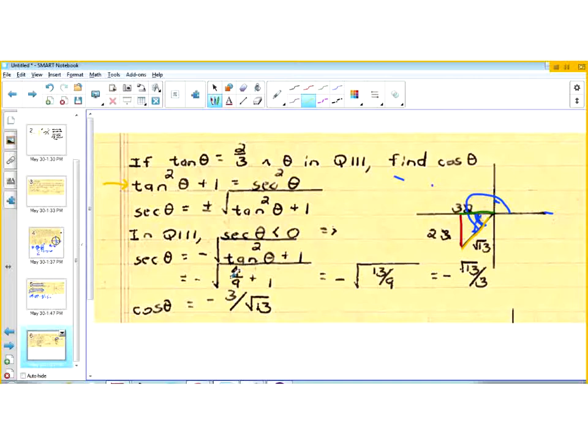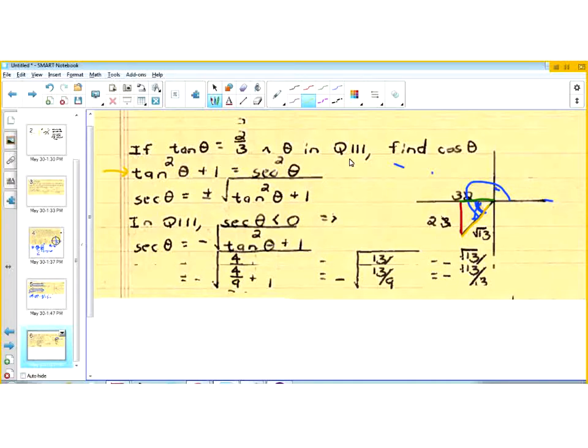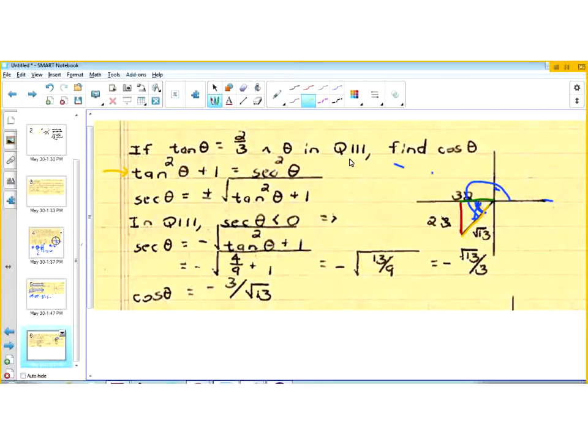Tangent theta is 2/3, so 2/3 squared is 4/9. 4/9 plus 1 is what? 13 over 9. So we have the negative of the square root of 13 over 9, and then take the reciprocal. So that's another way of dealing with it. You can use the identity, which is probably the more efficient way of calculating values of trigonometric functions.